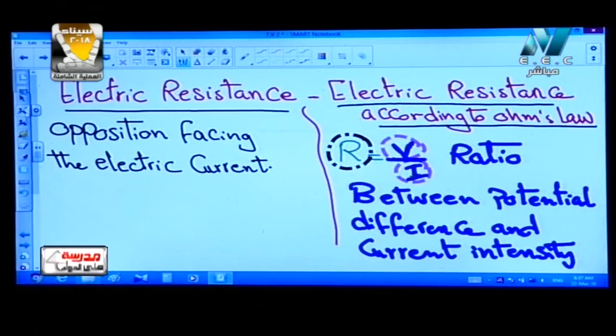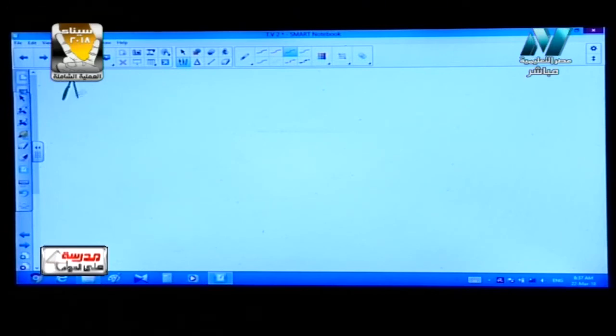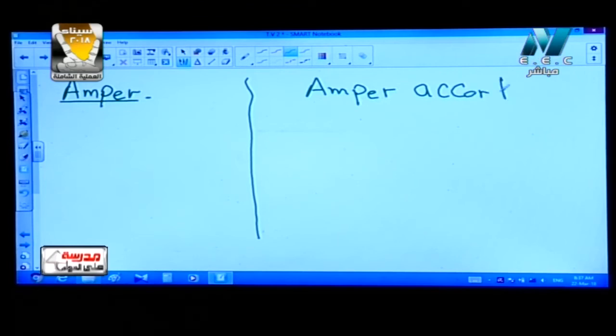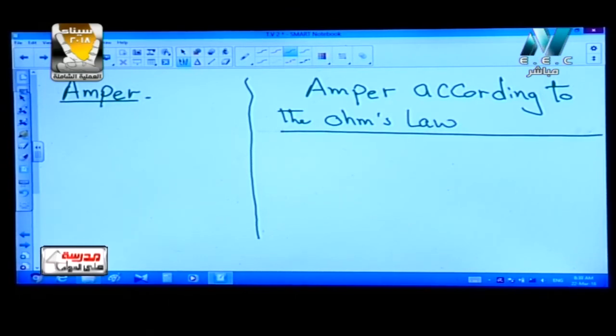If we have another question, like a comparison, how can we differentiate between ampere: what is meant by ampere, full stop, but we have another definition of ampere according to Ohm's law. If we have to define ampere without specification, we can define it from this magic triangle.